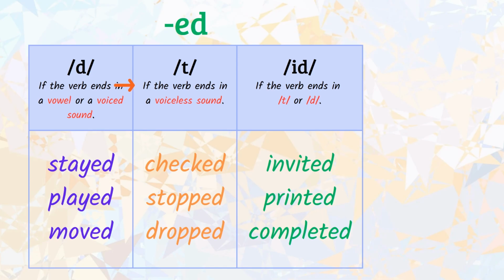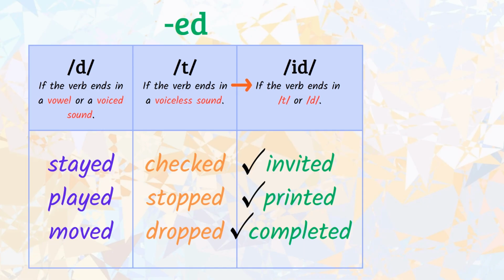And we use it if the verb ends in a voiceless sound, like in the verbs checked, stopped, and dropped. And the third column is for the verbs which end in the sound, pay attention, not the letter, but the sound t or d, like invent, invented, print, printed, and complete, completed.